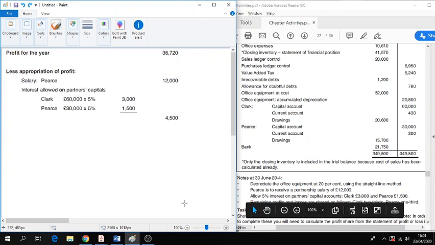Then we have interest on capital. Now, in the question they've said 5%, but they've worked it out for us. So Clark has 60k and Pierce has 30k. They both get 5% for 12 months.